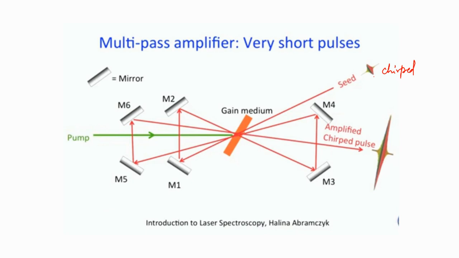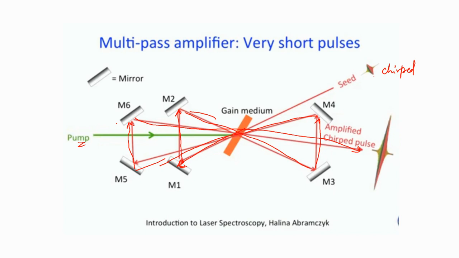So basically, when the seed is incident on the gain medium, it passes through M1. It is reflected at this angle and passes through M2. When it goes through M2, it again passes through the gain medium and goes to M3. From M3 it goes to M4, and through this reflecting setup from M4 it goes to M5, and meanwhile to M6 and then to the output as the amplified chirped pulse.